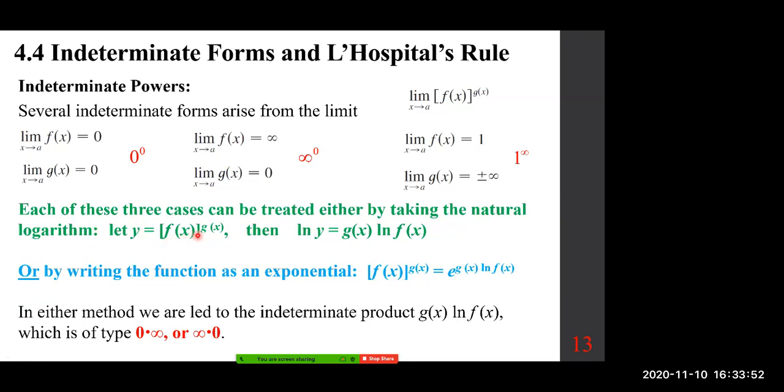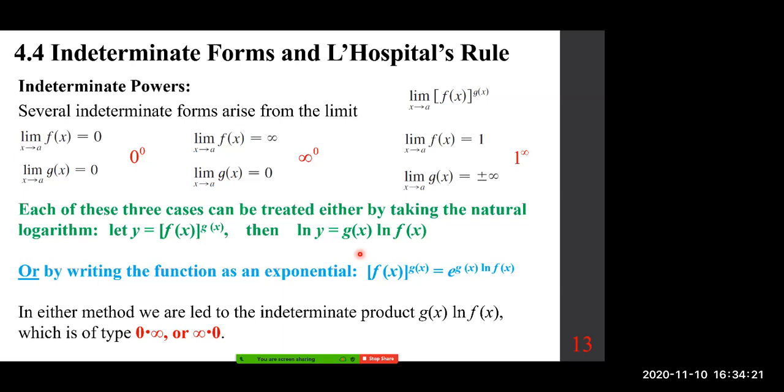That's one way to do that. When we come across the function and we set it equal to y, remember, this is what you are working with. If you call this y and take the natural log, g of x becomes a coefficient. And you work on this, and you finish the job, again, by the method of L'Hopital's rule.